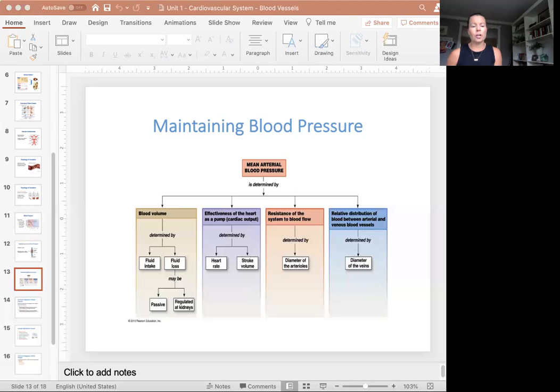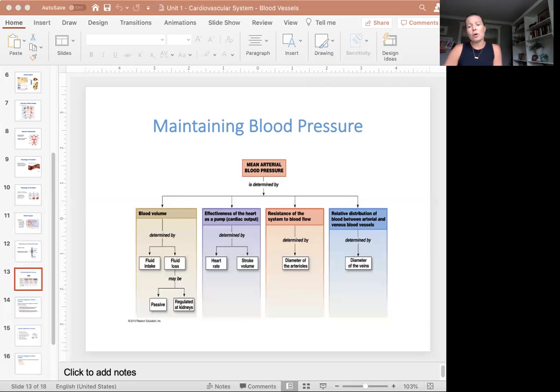And if blood pressure suddenly decreases, these baroreceptors are going to detect that, and they're going to initiate changes to peripheral resistance or heart rate or stroke volume in order to bring blood pressure back up to normal. So with the example I just gave, if you have a sudden decrease in blood pressure, then your body could increase stroke volume or heart rate in order to hopefully increase cardiac output, which would then increase blood pressure.